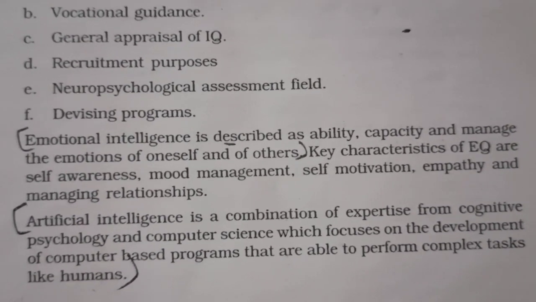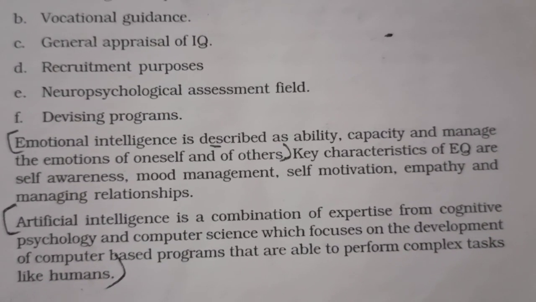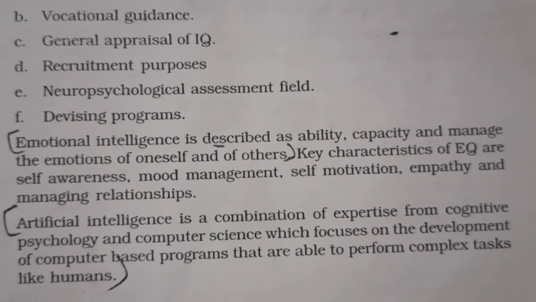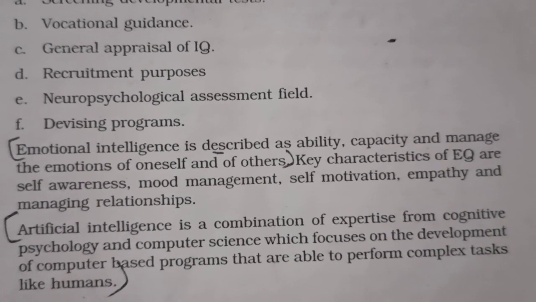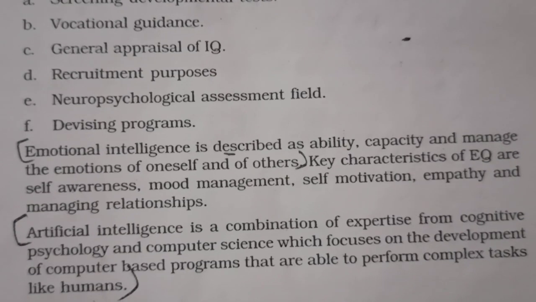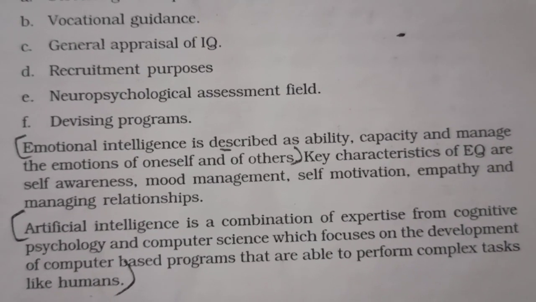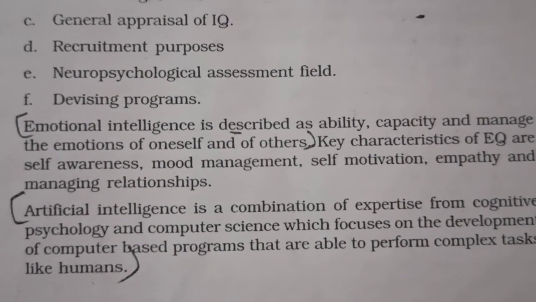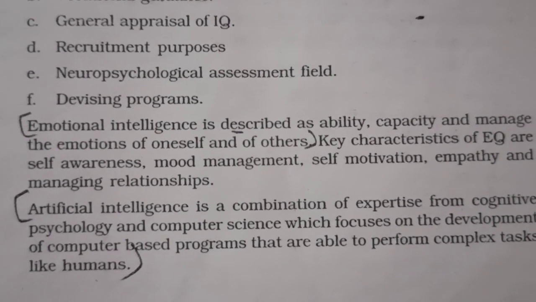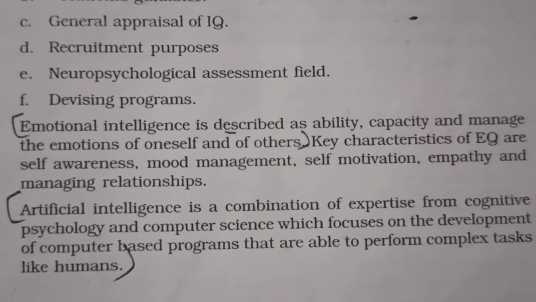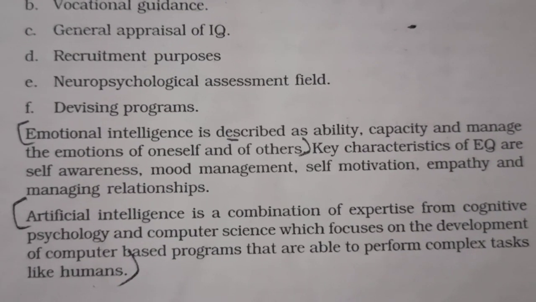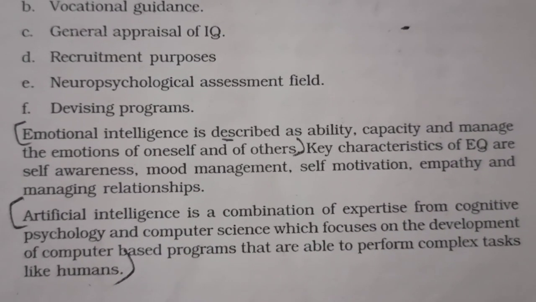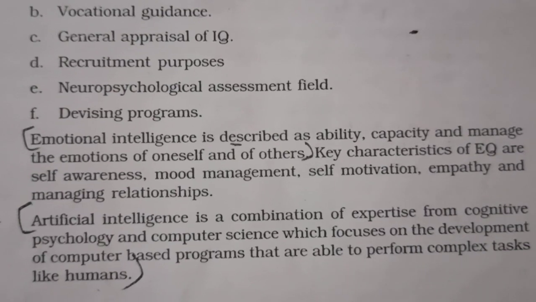Original brains or original IQ is humans, and artificial is computers, technology. So cognitive psychology and computer science have come together to develop computer based programs that are able to perform complex tasks like humans.